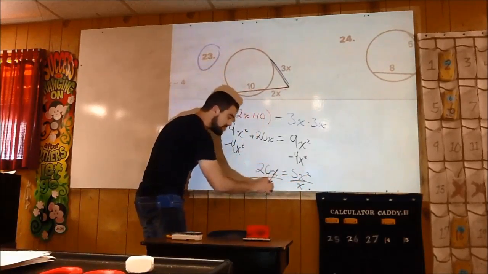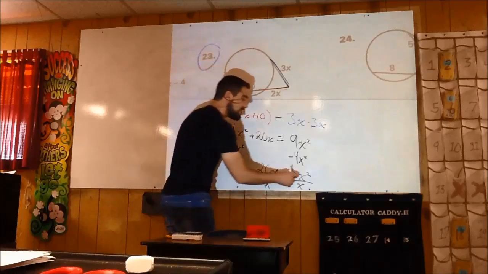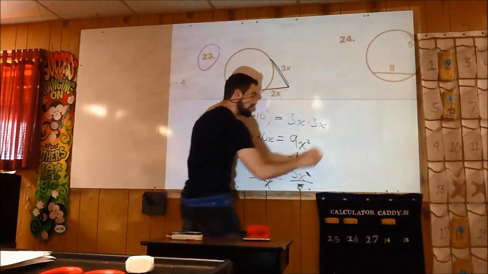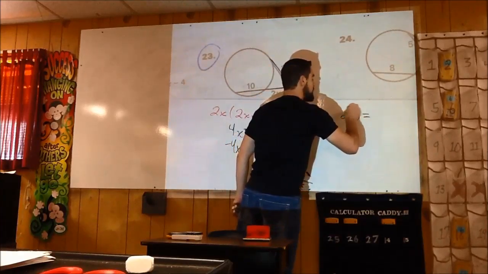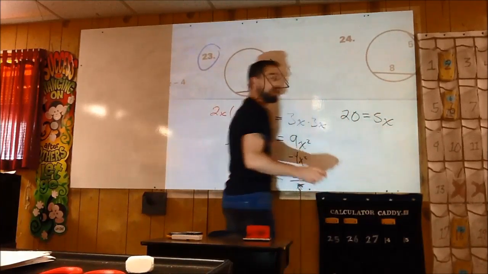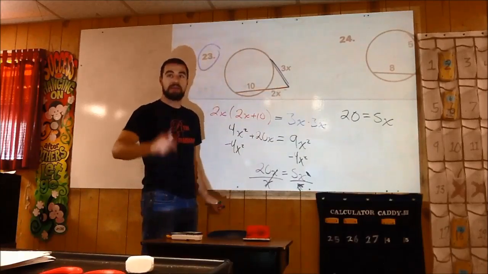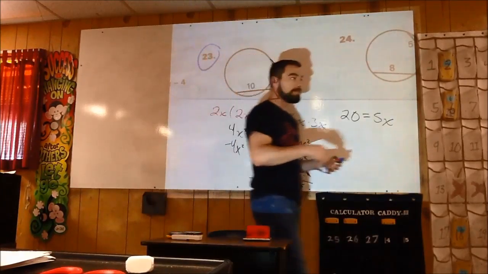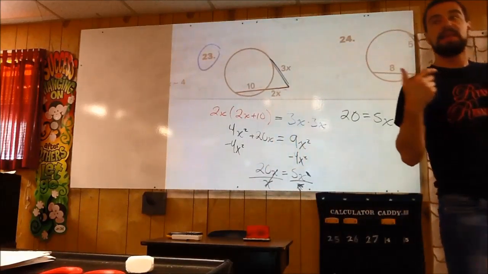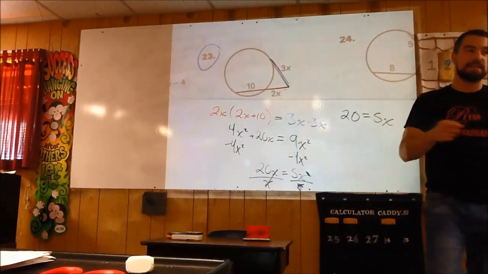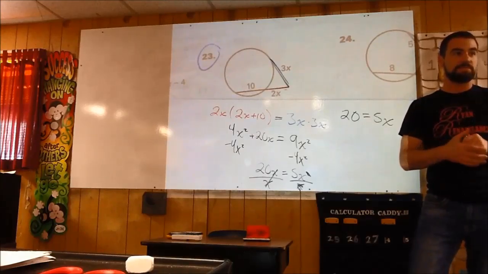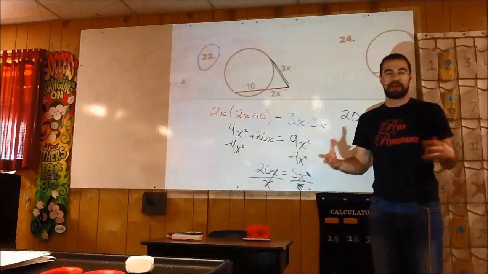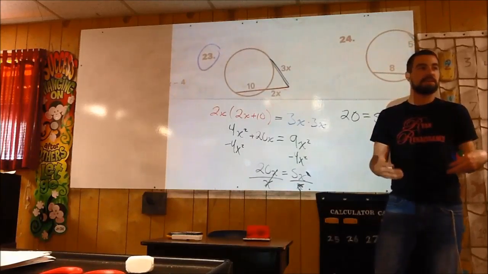So yes, those x's cancel out, and then this x squared, when you divide it by x, that squared goes away, and so you're left with 20 equals 5x. That's true, but you have to understand, when you divide by x on both sides, you're losing the fact that 0 is a solution to this equation. And we're not allowed to divide by 0, so that's why it kind of fails. So we can't divide by 0.